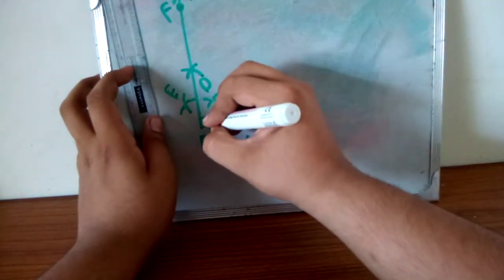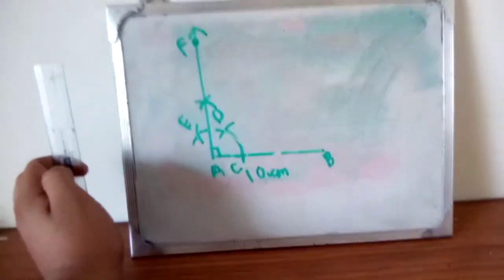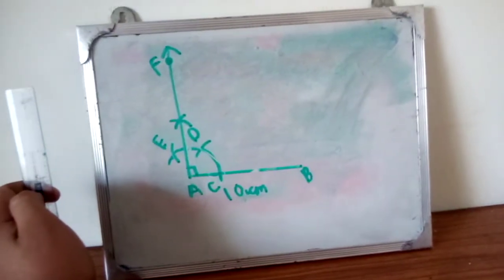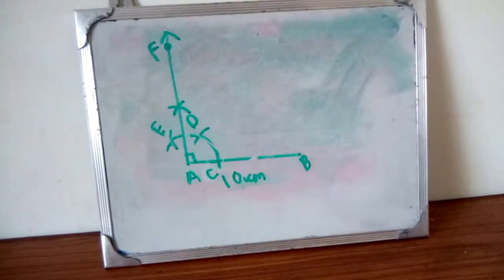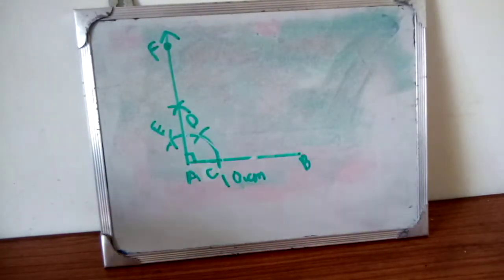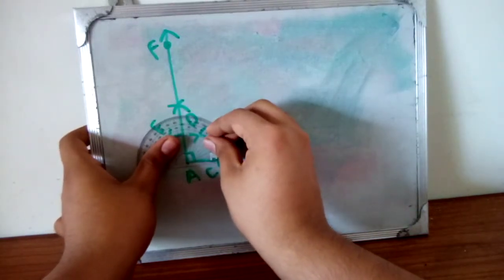Angle FAB is equal to 90 degree. So first part of our construction is over.